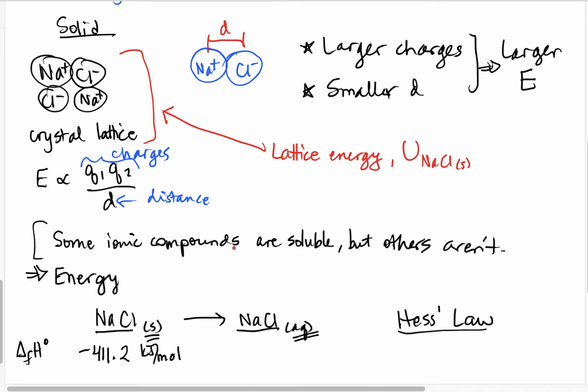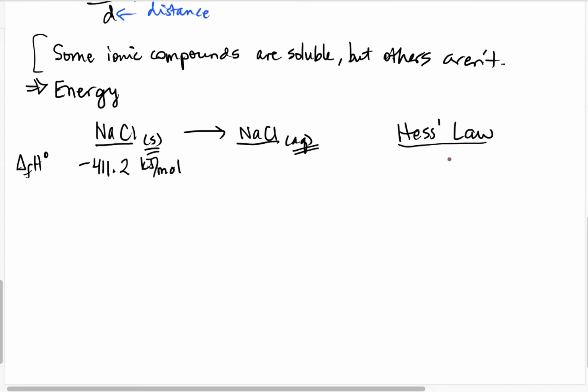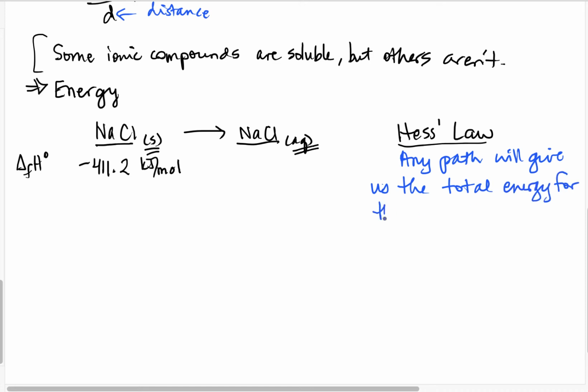The way we're going to do this is a very specific application of Hess's law. You remember the big idea here is that any path will give us the total energy for the reaction, and that total energy will be the same.